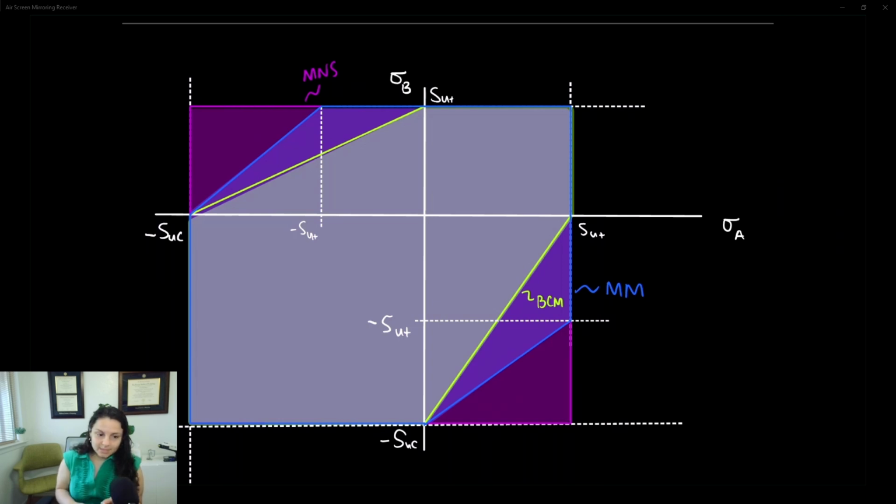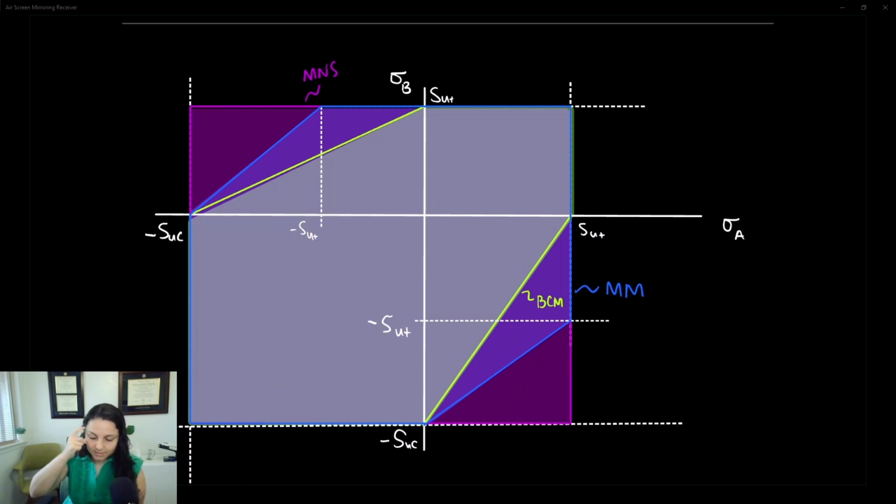This is important because maximum normal stress is a commonly used failure criterion as just a first check, and that's okay, especially if you're in this first quadrant or this third quadrant, where you'll have the same answer as you would using either of the other two theories. But if you're in this second or fourth quadrant and using maximum normal stress theory, there's a chance you are not being conservative enough in your estimate.